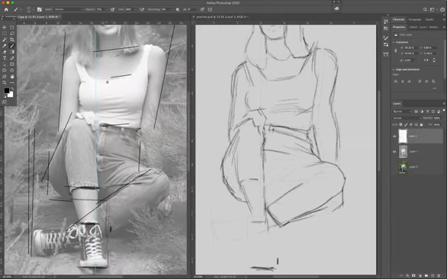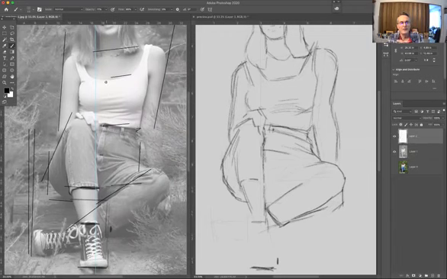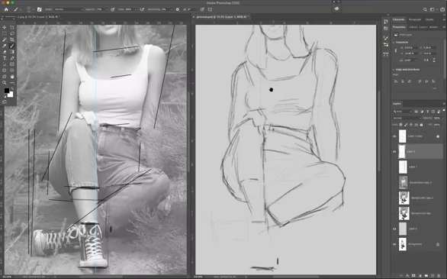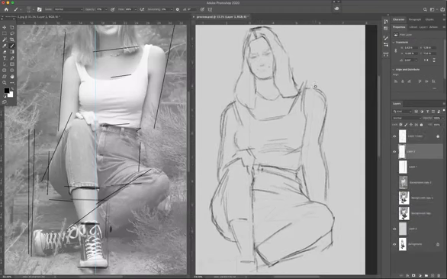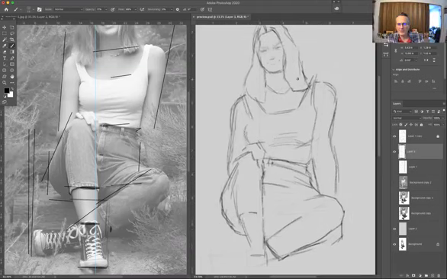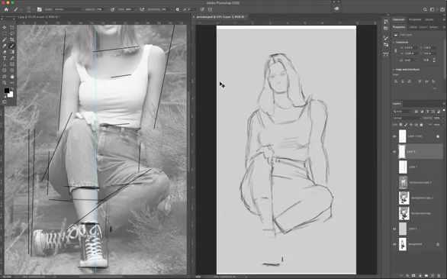I'd rather you not trace, but here's what I'd like you to do: work on one image, draw like I did here.